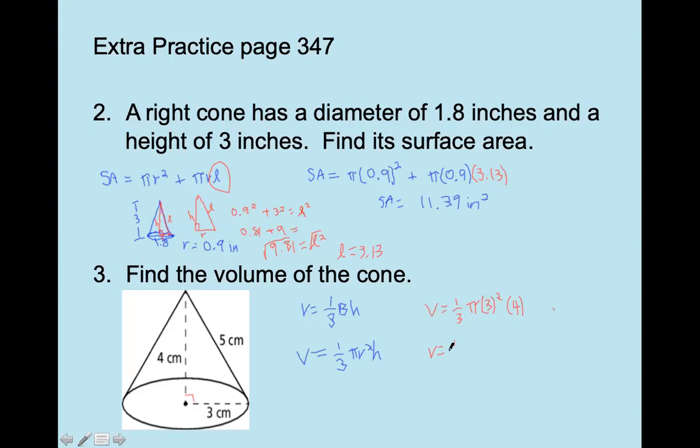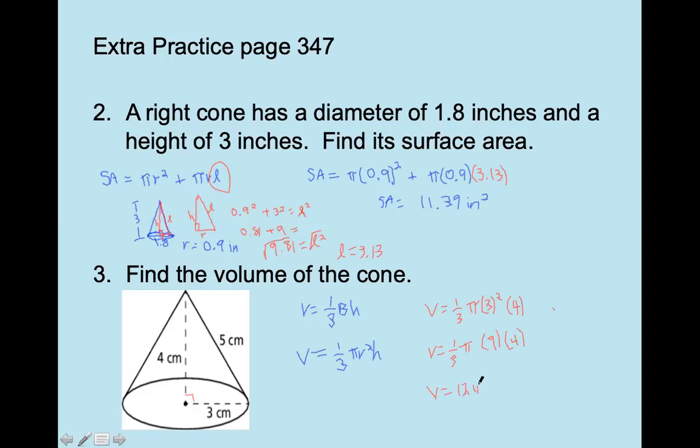So then I'm going to simplify. I get 1/3 times pi times 3 squared, which is 9, times 4. Okay, I multiply all that together. 1/3 of 9 is 3. 3 times 4 is 12. I end up with 12 pi.